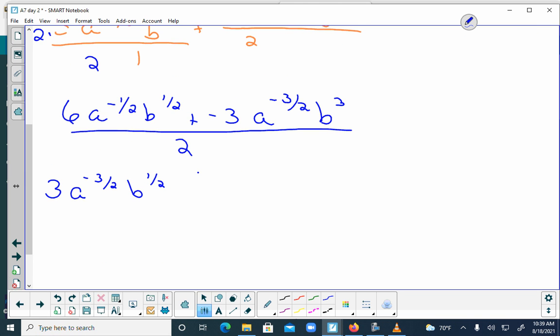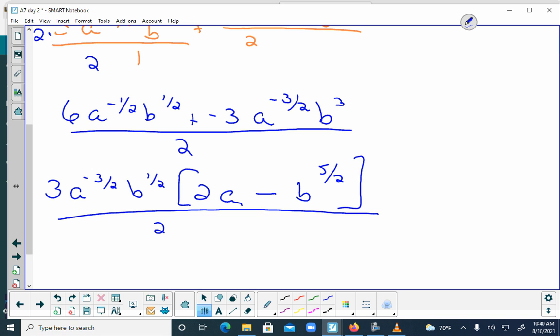Then here I'm going to have 2a and then b factored out. I'm switching to the minus now. Are you okay with that? I factored out the a. 3 minus 1/2 is 5 halves. And this is all over 2.